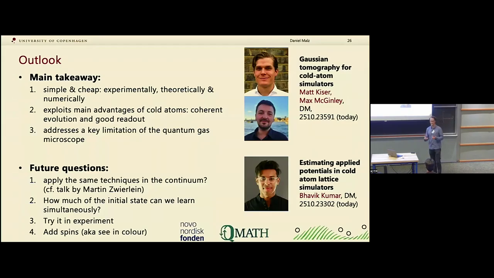There are some gauge degrees of freedom that you can't learn, but these non-interacting dynamics are really quite easy to use. Of course, I would like to see this in experiments and maybe think a little bit about adding spins. And then I'd like to thank my collaborators, Matt Kieser and Max McGinley on the Gaussian tomography paper, and Bhavik Kumar on the estimating the potentials paper. Thank you for your attention.